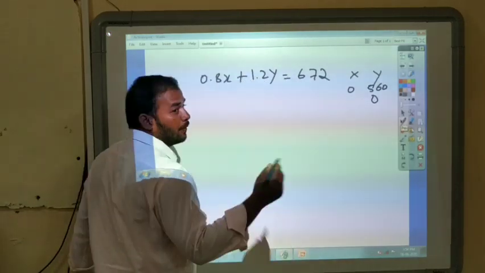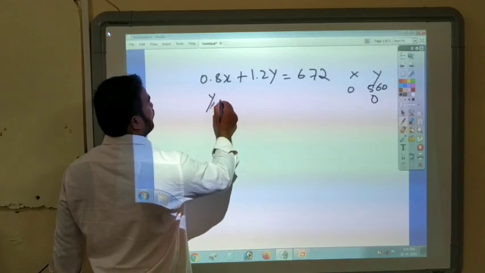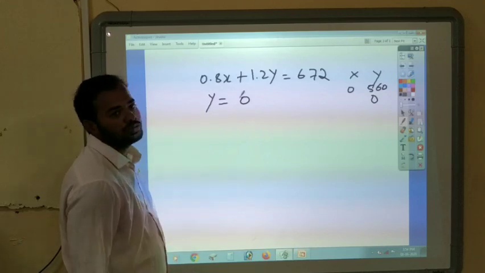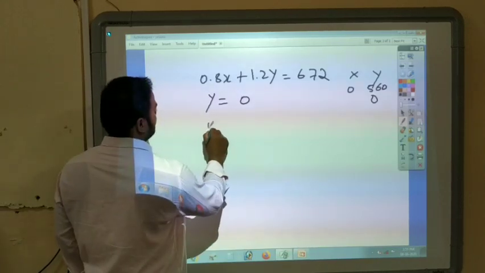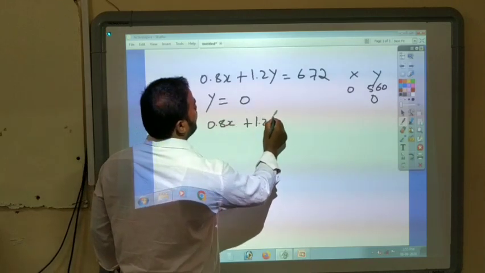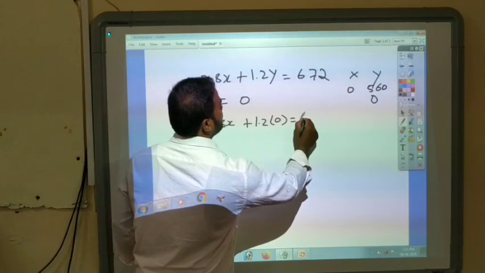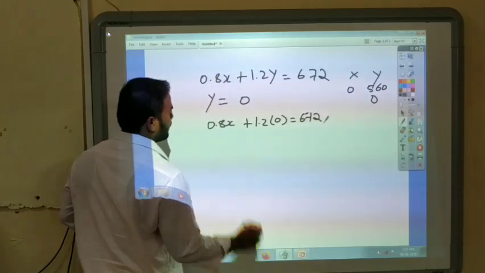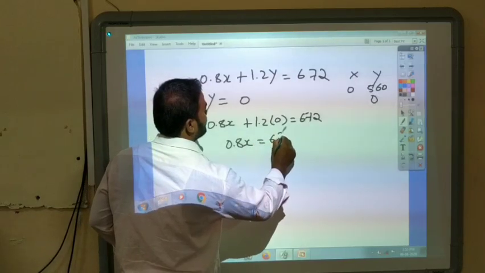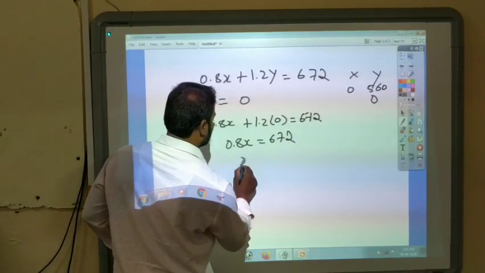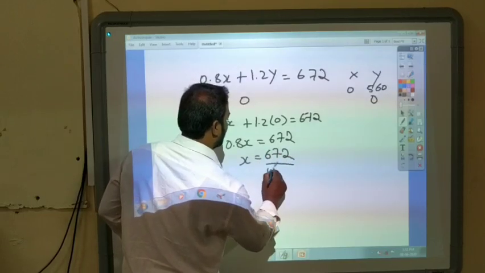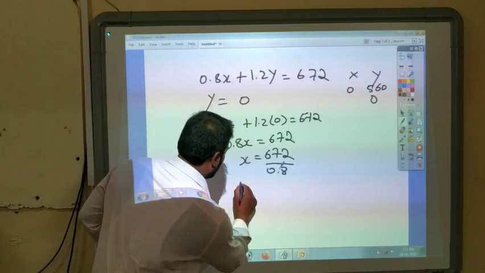Now I am putting the value y is equal to 0 in the equation 0.8x plus 1.2y is equal to 672. So 0.8x plus 1.2 into 0 is equal to 672. 0.8x is equal to 672. x is equal to 672 divided by 0.8.